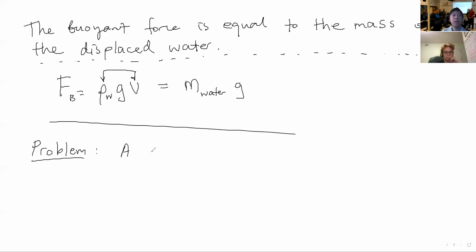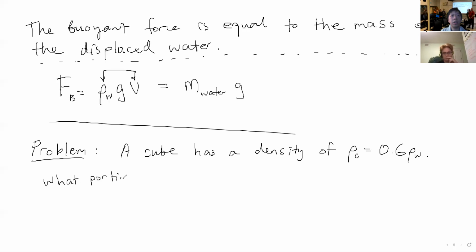Let's say a cube has a density of rho cube equal to 0.6 times rho of water.